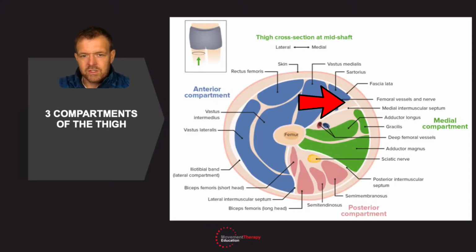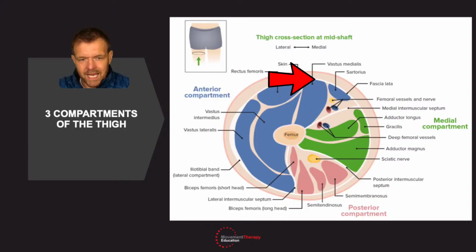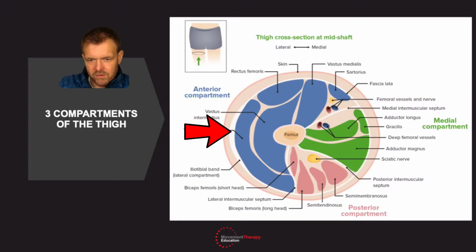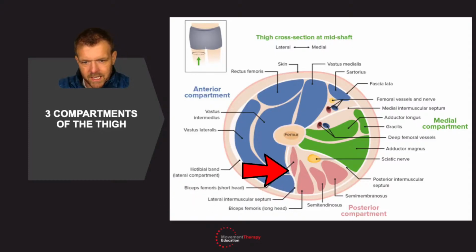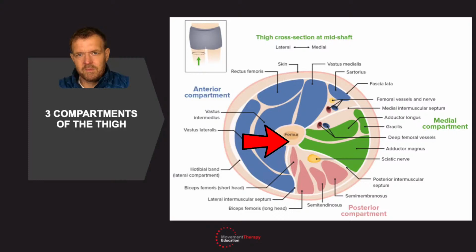Okay, so that lateral intermuscular septum, if we come around here, there's your IT band, all the way around. There it is there. Can you see it comes back there and attaches to your femur. So this is like, if you remember my analogy before, Trivial Pursuit wedges.